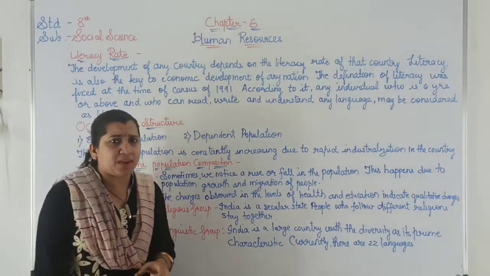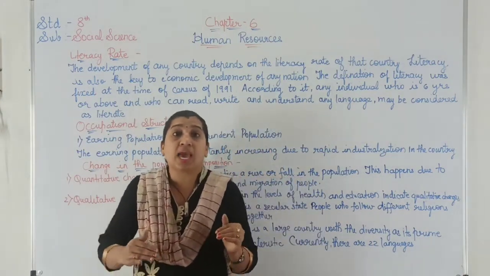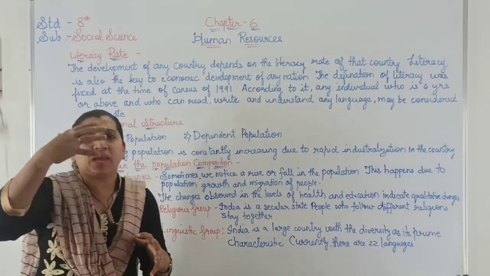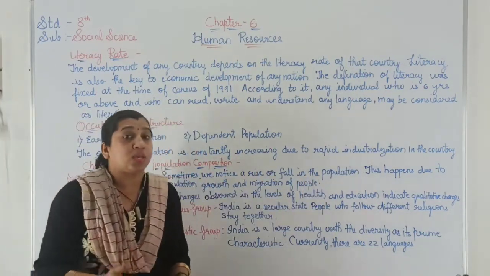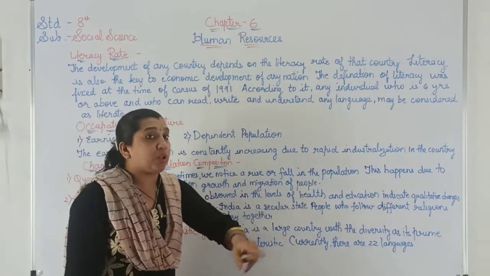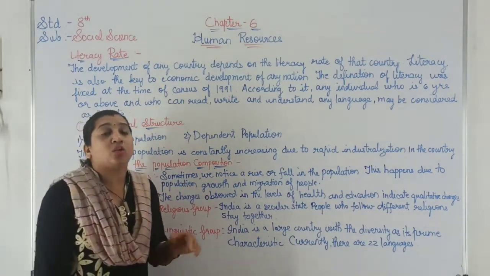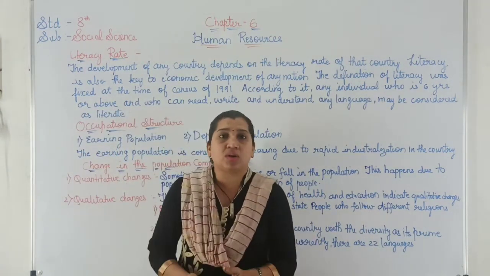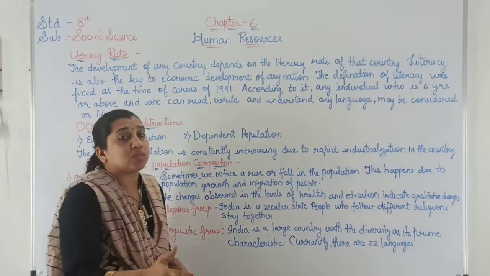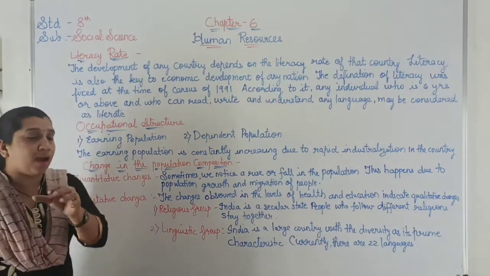In many areas we see an increase of the population, while somewhere we see a decrease of the population. This happens due to population growth and migration of people from one place to another, moving for their all-round development.